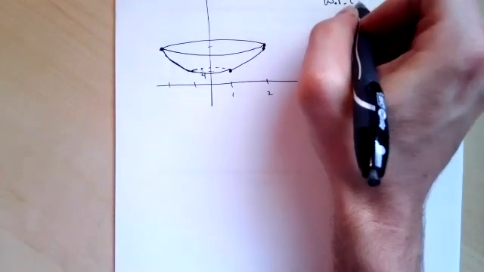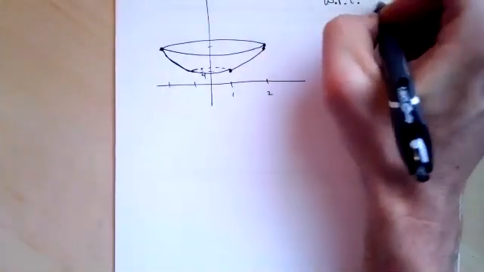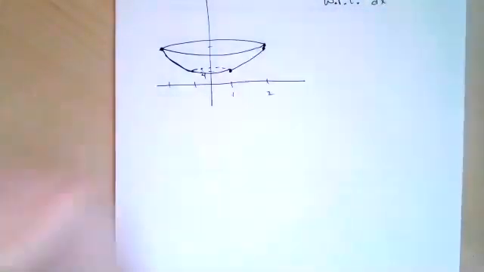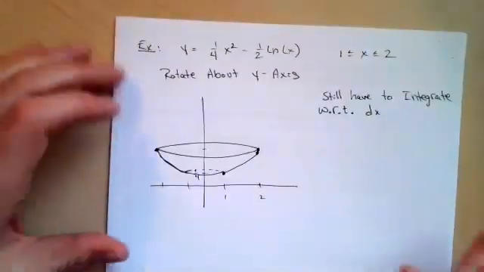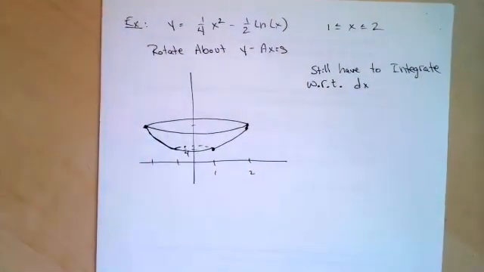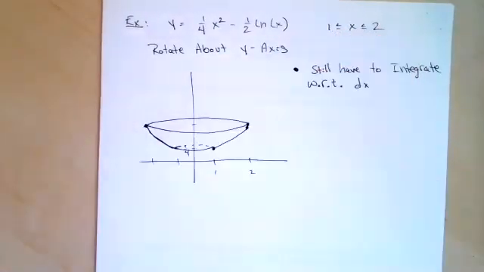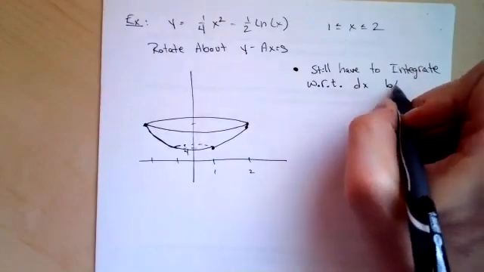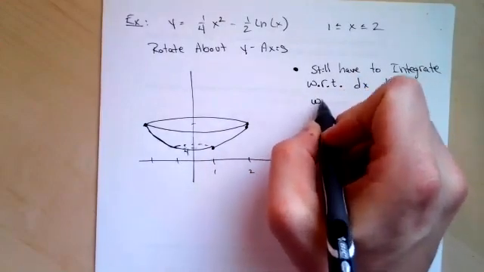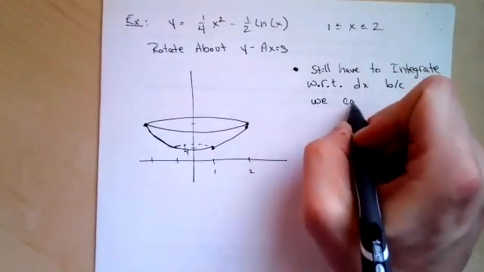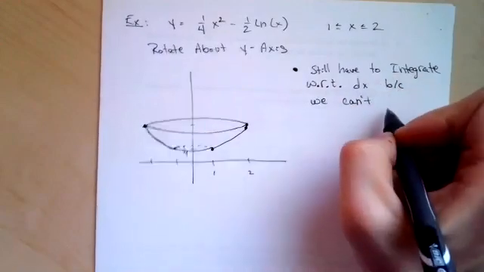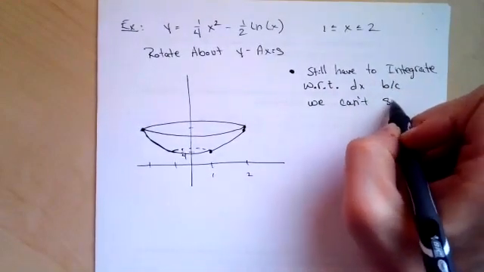So WRT means with respect to. Oh, sorry, that was off the page here. So we still have to integrate with respect to dx, because we can't solve for x.